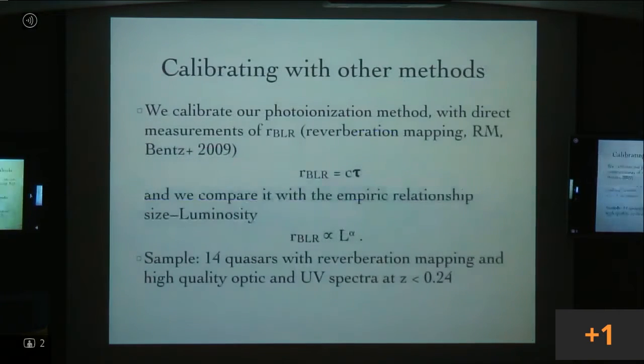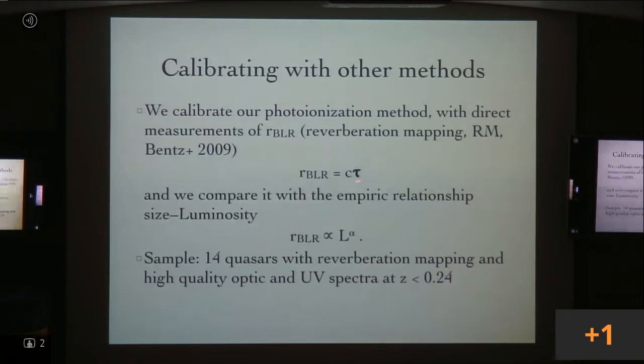And well, with these results, we want to calibrate our photoionization method with direct measurements. We did this work for 14 quasar spectra at very low redshift, 0.24.